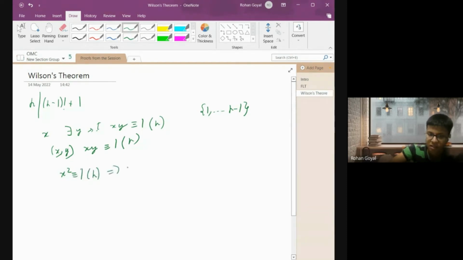That means x is 1 or minus 1. So you have to consider the numbers which are not 1 or minus 1, so you only consider the set 2 to p minus 2. So these are p minus 3 things and they split into pairs of 2.